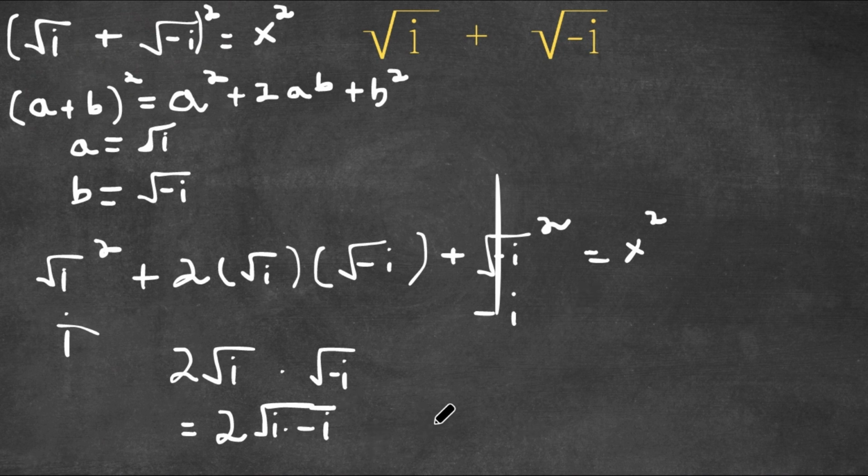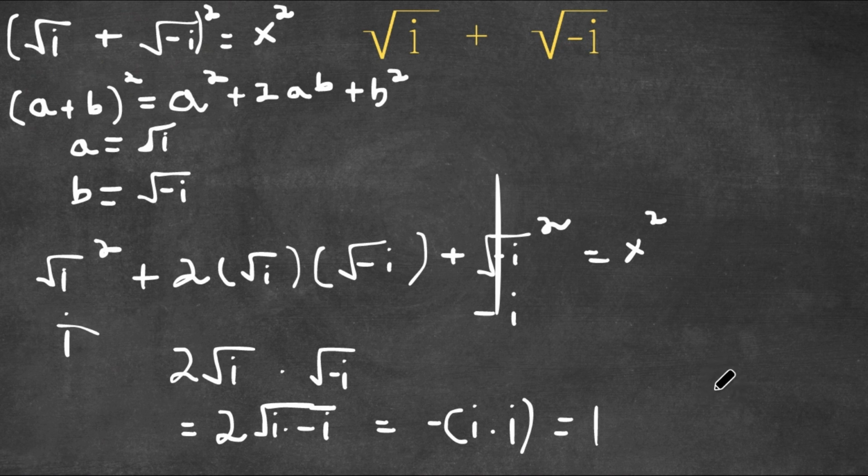Now, i times negative i is the same thing as negative i times i. Well, i squared, as we all know, is negative 1. So negative 1 times negative 1 is simply 1. So this would simply be 1.